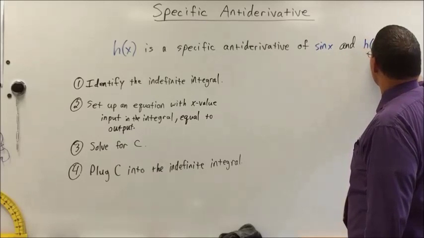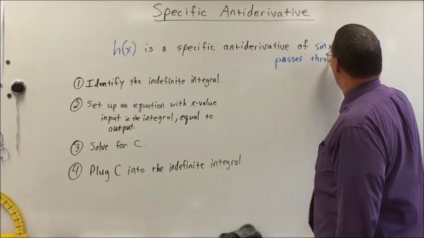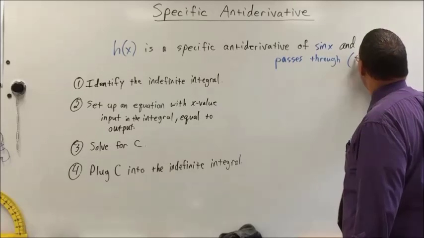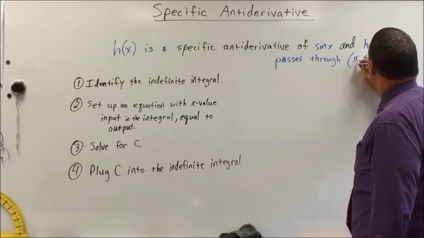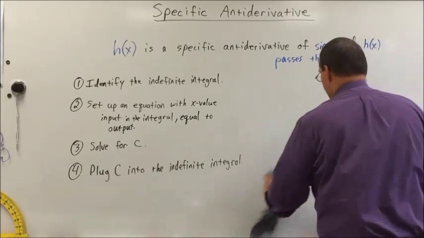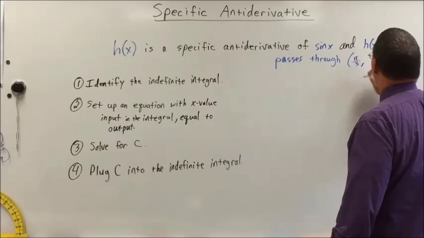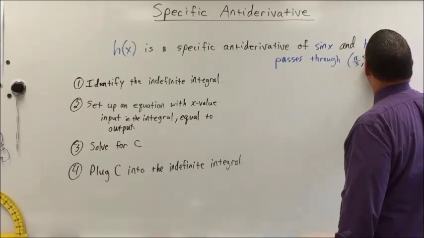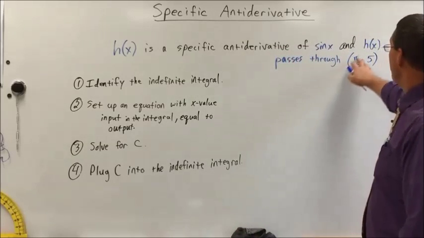Let's say that h of x passes through the point pi over 3 and 5.